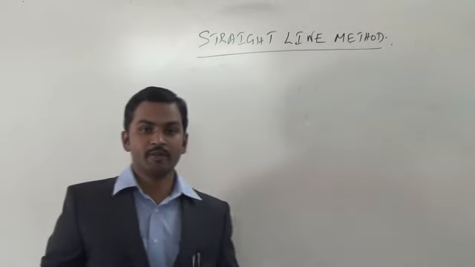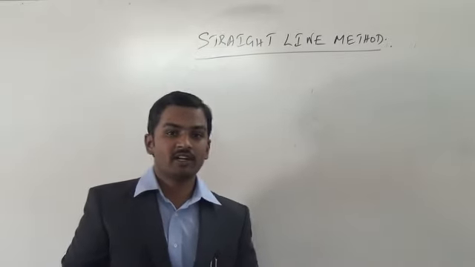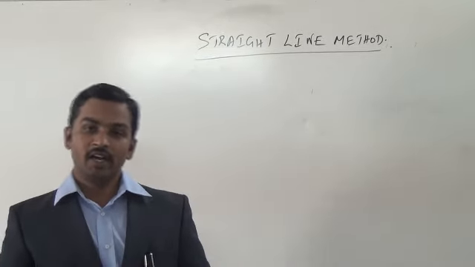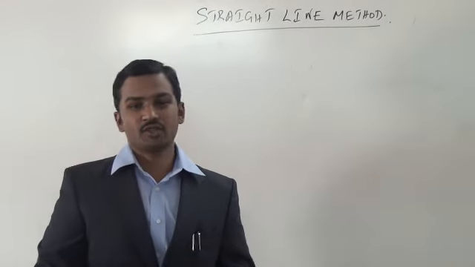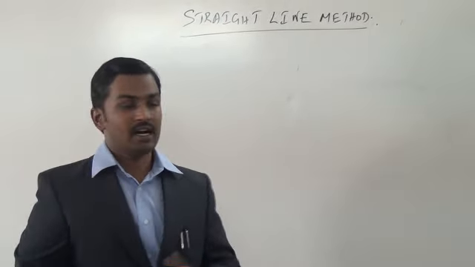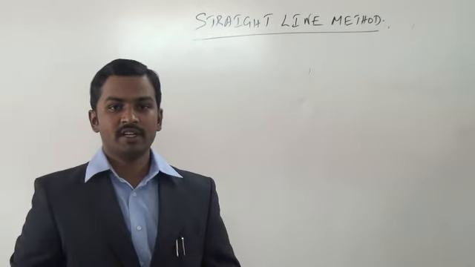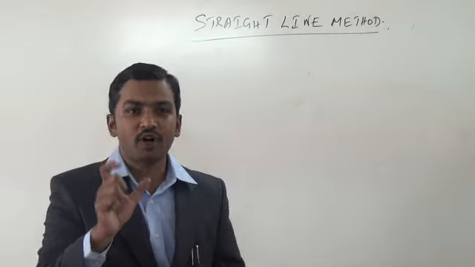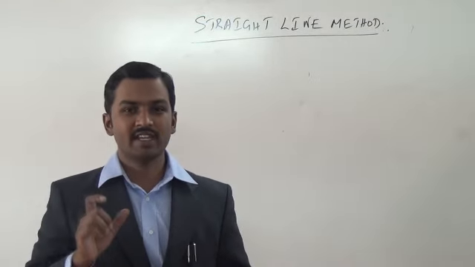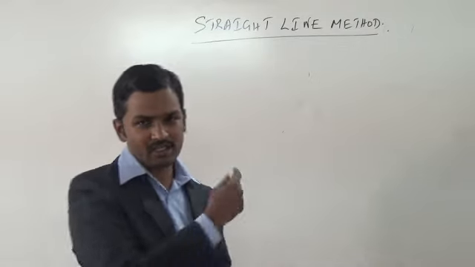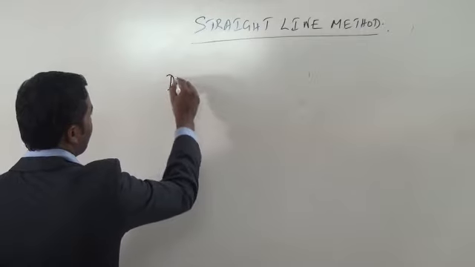Now, this method is also popularly called the SLM method, and also the fixed installment method. Under the straight line method of depreciation, depreciation per year is calculated using a formula. I'll just note down the formula here on the board and we'll discuss it once again.